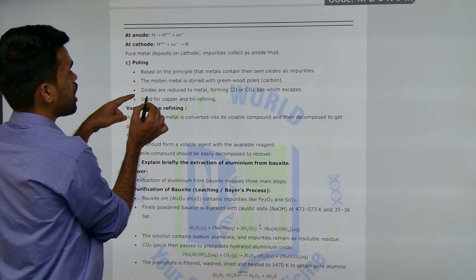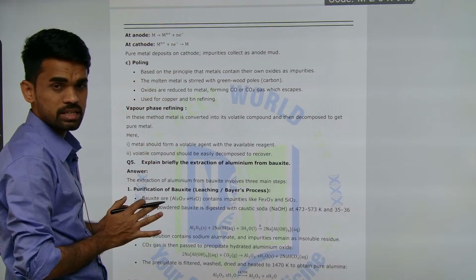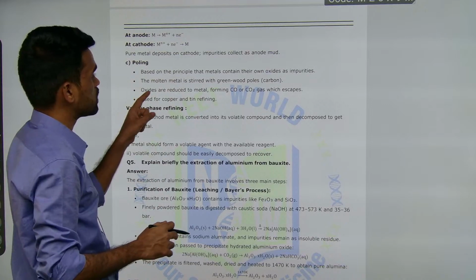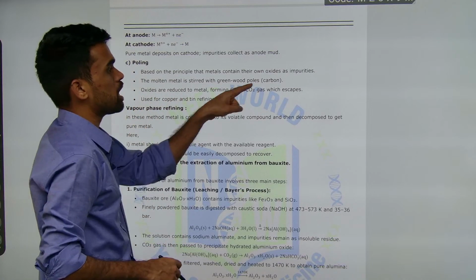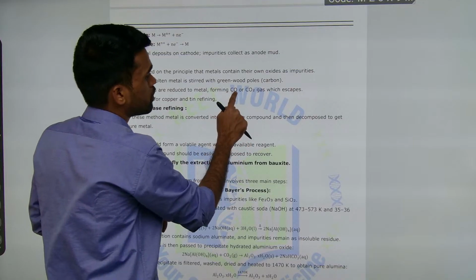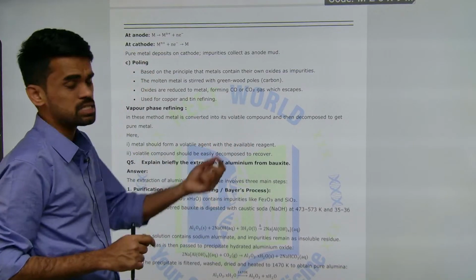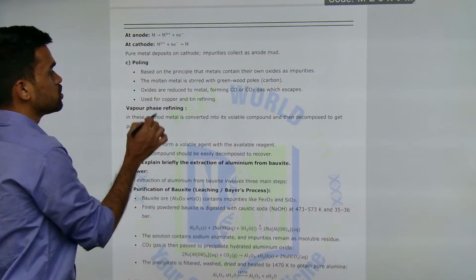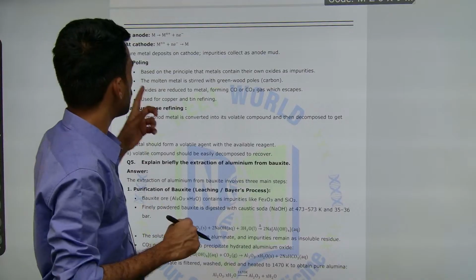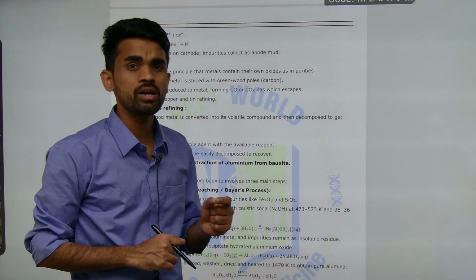Whatever impure oxides are there, the oxides are reduced to metal form, whereas the carbon of the green wood poles is converted into carbon monoxide and carbon dioxide gases, which escape. This poling is a method used for copper and tin refining.